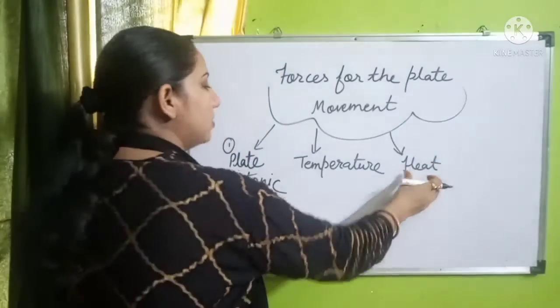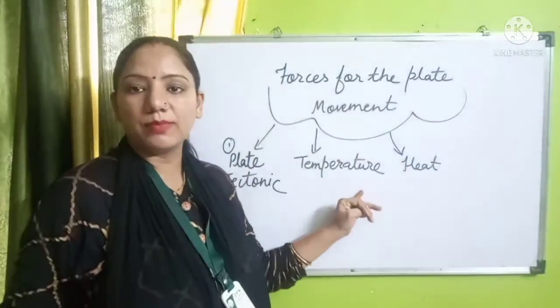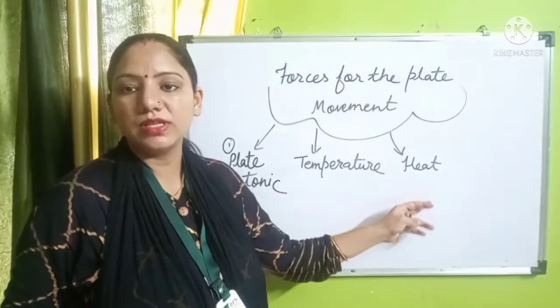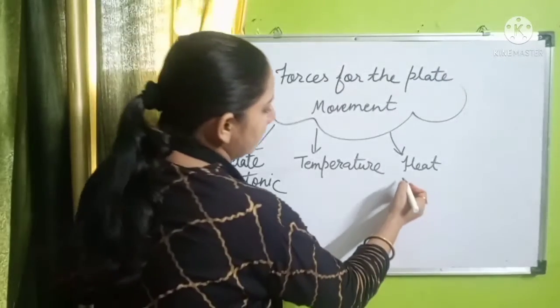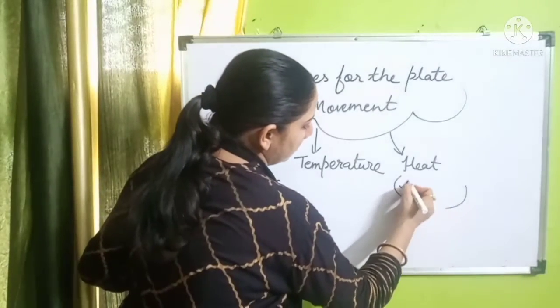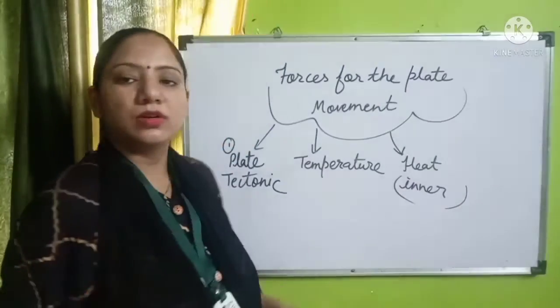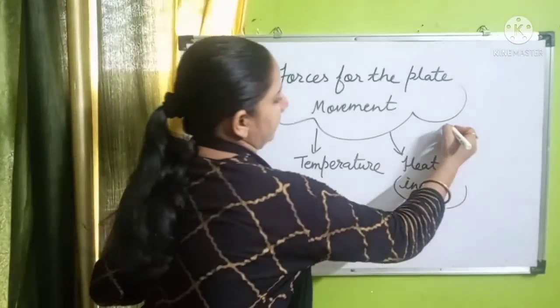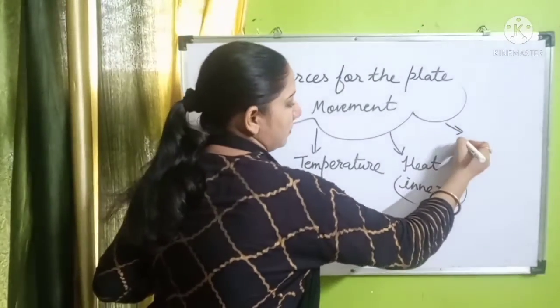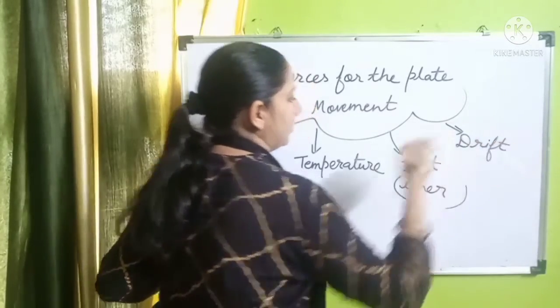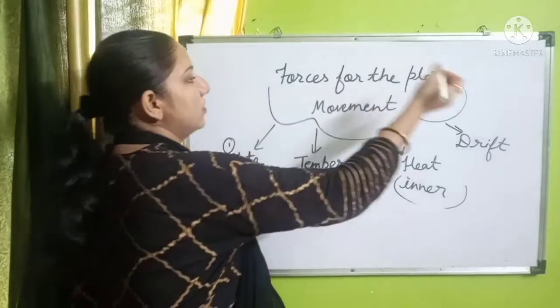Here, heat is not equal to the temperature. Heat means the heat which is coming from inside of the earth, so it can be included in the inner heat. Then after that, the drift. Weather is also responsible.